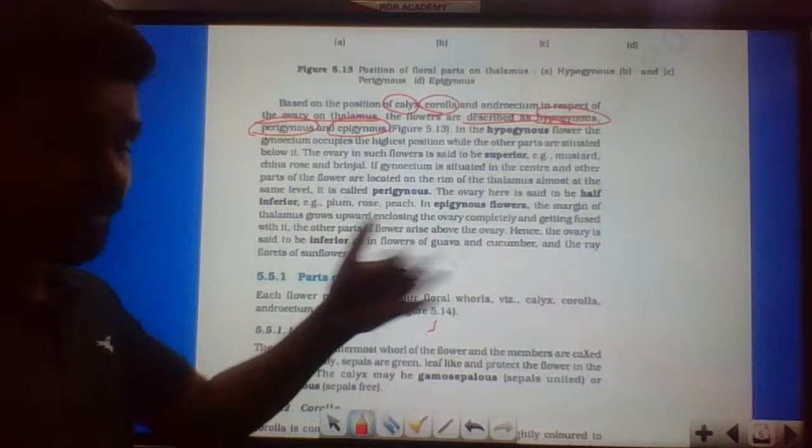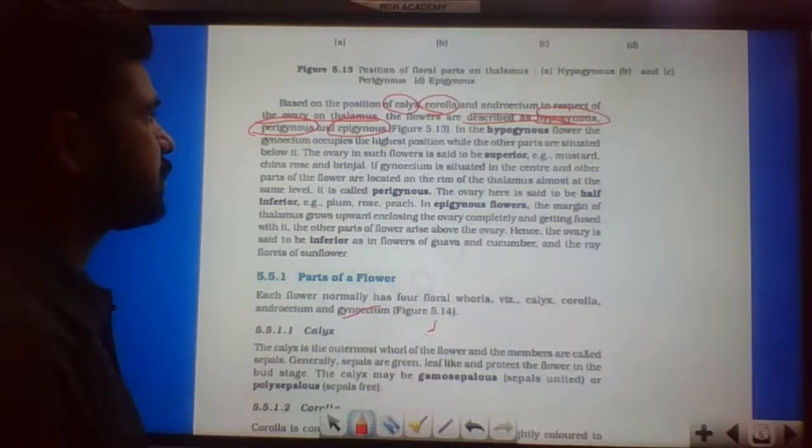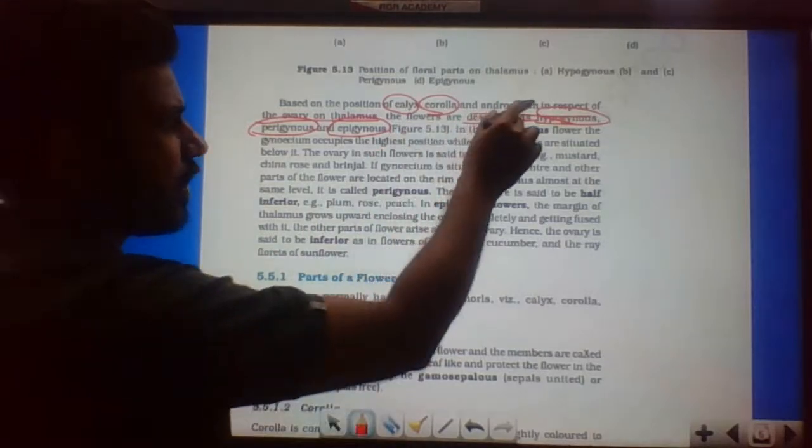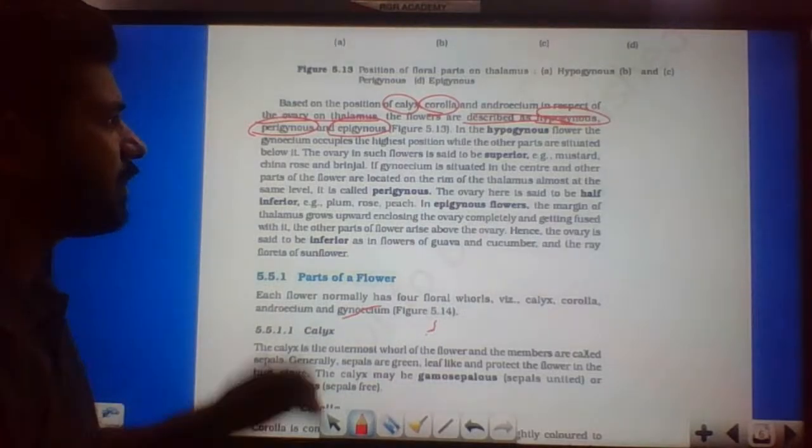This classification is based on the position of calyx, corolla and androecium, and the ovary also.